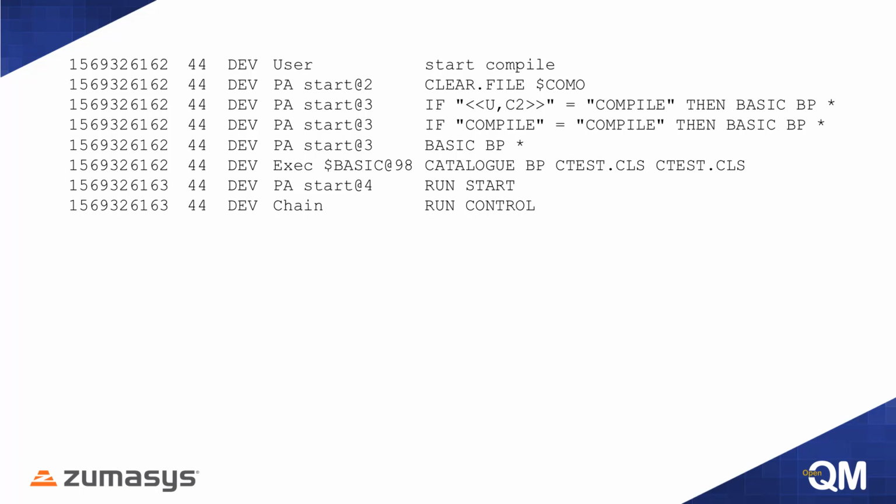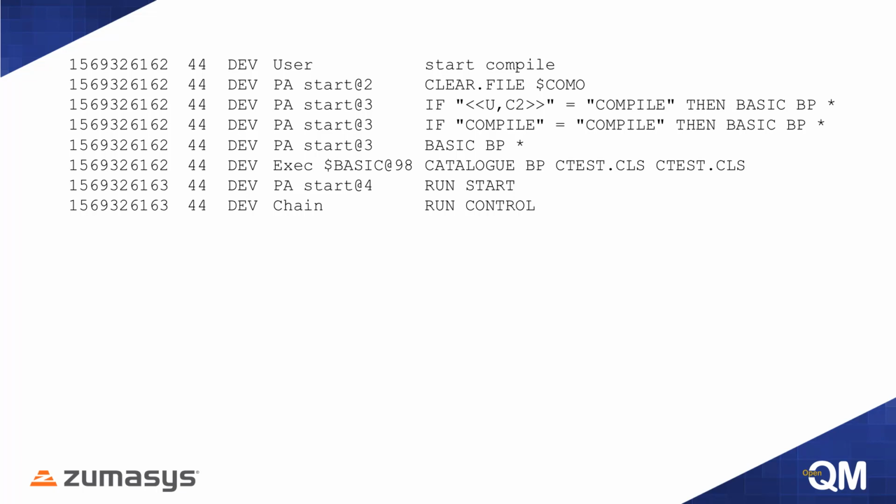The right-hand side there is showing the actual commands being executed, and the if statement is interesting because there's something rather odd going on here. The if statement has if, and then in quotes, an inline prompt sequence equals compile, then BASIC BP star. So if we've got the word compile in there, it will actually go off to compile all the programs. The command with the inline prompt is what actually got executed from within the paragraph.